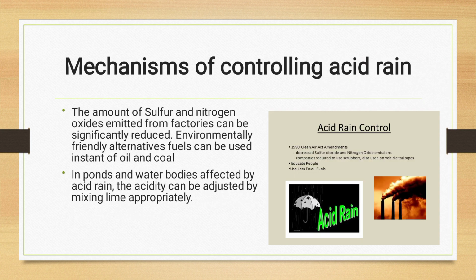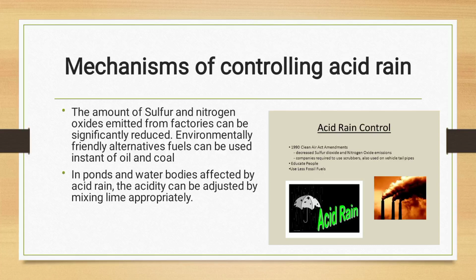Now, as we know that damage can happen by acid rain, it should be controlled. So how to control it? The mechanism of controlling acid rain: the amount of sulfur and nitrogen oxides emitted from factories should be reduced, because only then will they combine with air and convert to sulfuric acid and nitric acid.